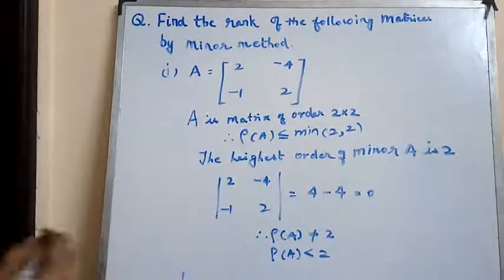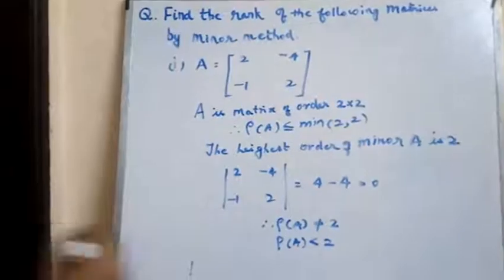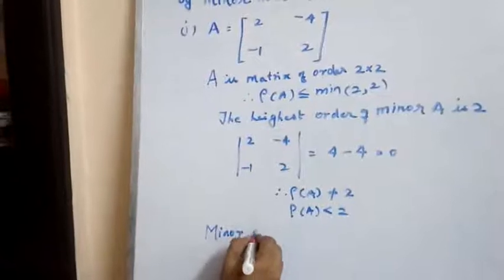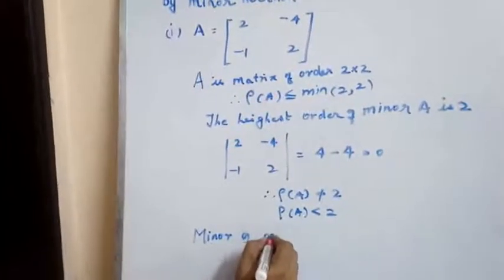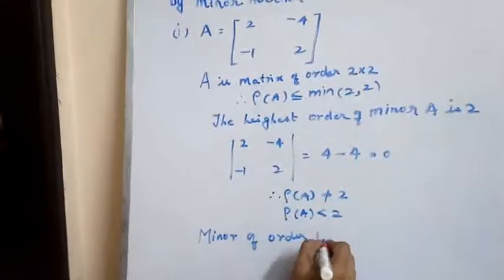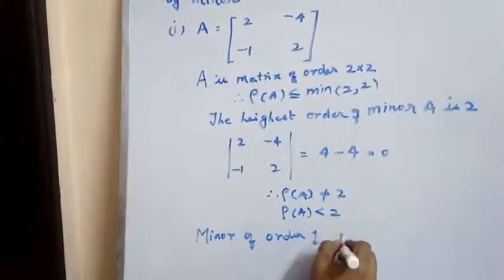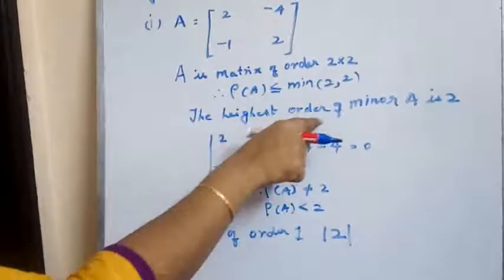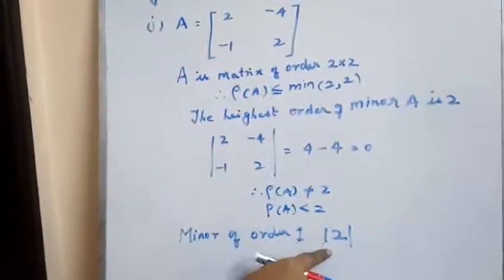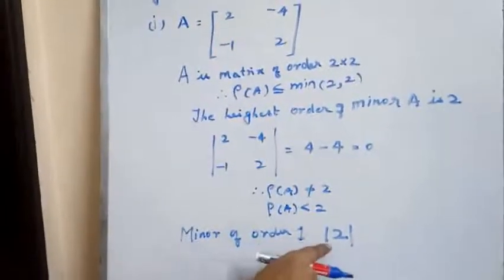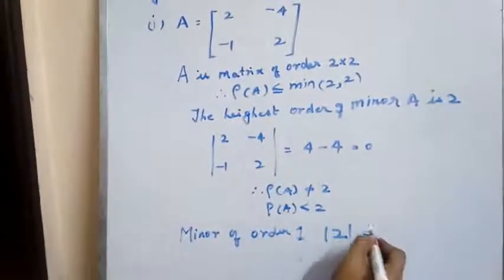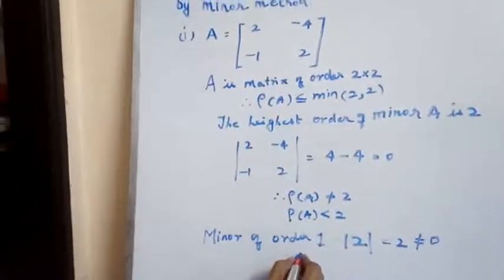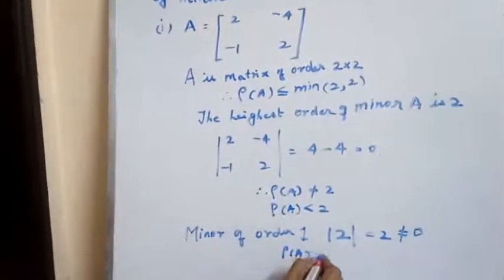So minor of order 1 is any element. So this is a minor of order 2, and now we are considering minor of order 1. So this is a minor of A, which is equal to 2, so it's not equal to 0. Therefore rank of A is equal to 1.